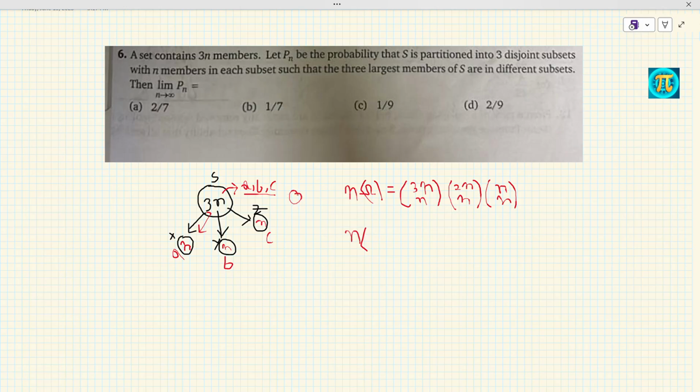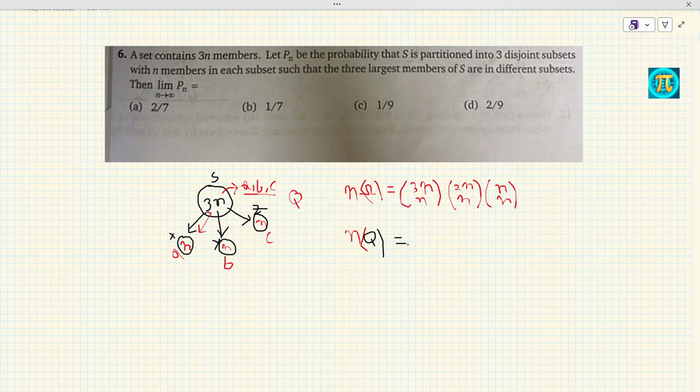If we are going to calculate this number, we have to at first find n of Q. So to find this n of Q, we have to go through it.